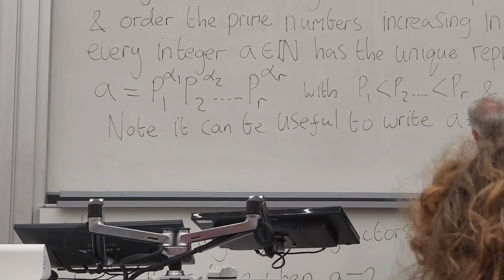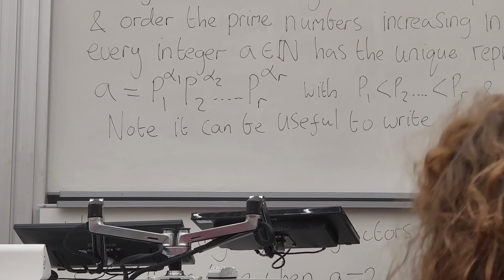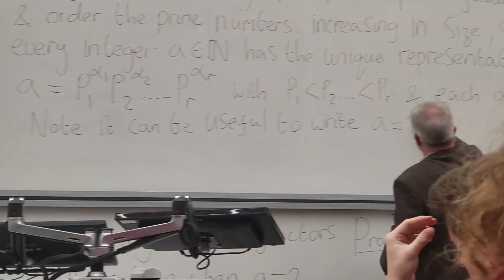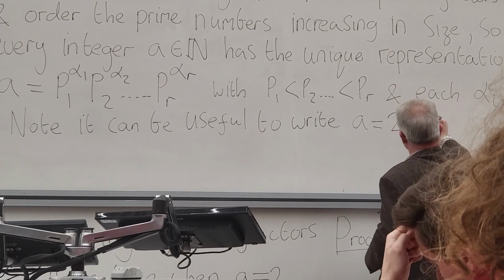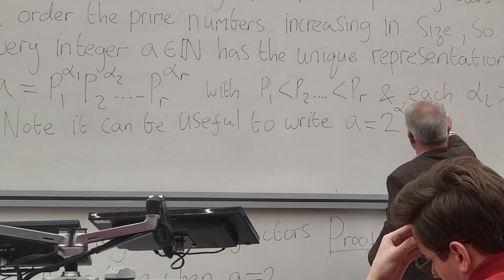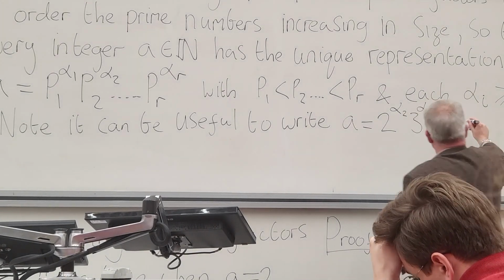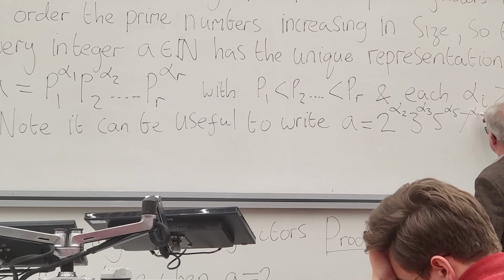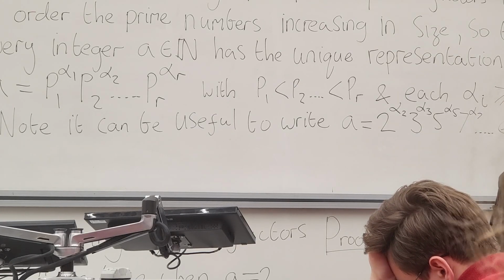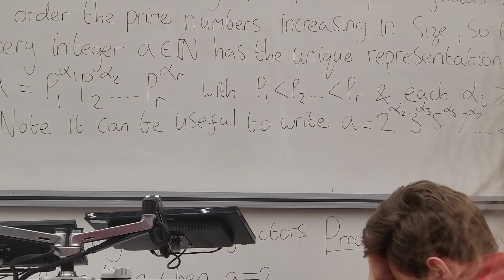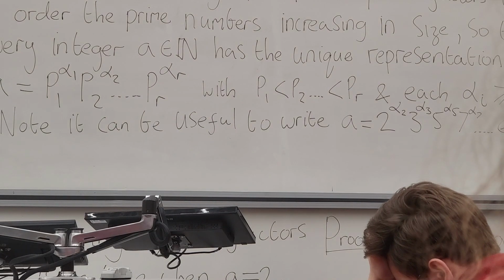So, shall I use A's? I use alphas. Okay, stay with the alphas. 2 to the alpha 2, 3 to the alpha 3, 5 to the alpha 5, 7 to the alpha 7, each alpha p greater than or equal to 0.